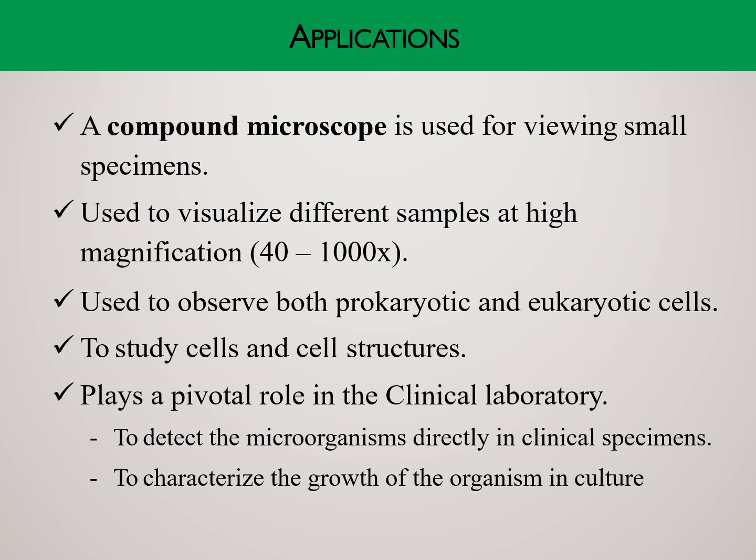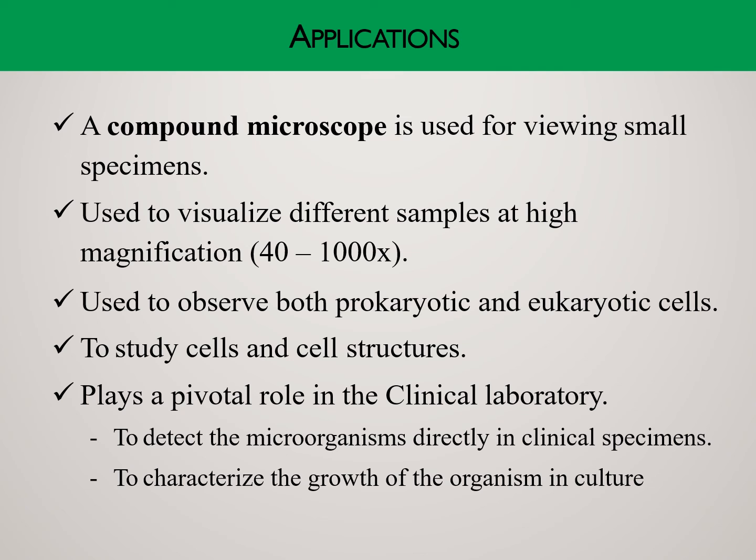There are various applications where we can use compound microscopes and other microscopes. Here I have only given the applications of compound microscopes. The compound microscope is used for viewing very small specimens and to visualize different samples at high magnification power. The range of magnification power in a compound microscope is 42,000 times. It is used to observe both prokaryotic and eukaryotic cells.